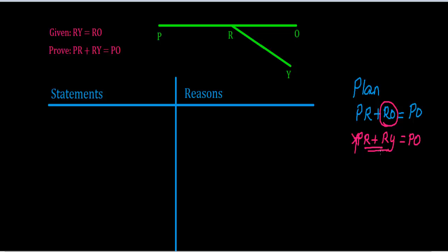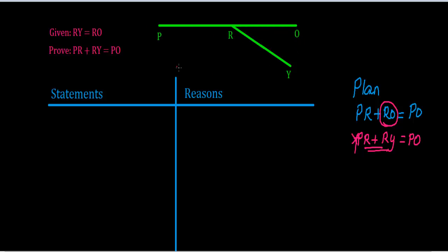Okay? Now, I know you're thinking, but how do I know that I need to use the segment addition postulate? Usually when we're working with segments like these, where we have the endpoints and some point in between the endpoints, remember what the segment addition postulate stated. It said that if point B is between points A and C, then AB plus BC is equal to AC.